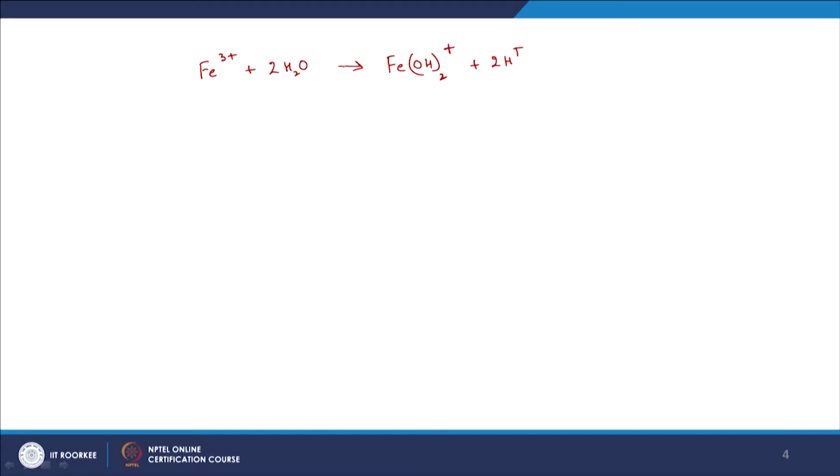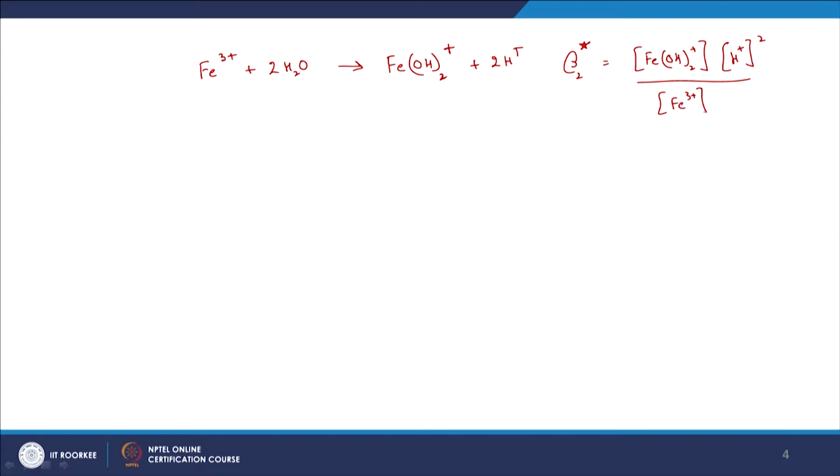So that is balanced out, and we know that the relevant coefficient is given by beta 2 star, which is equal to the concentration of FeOH twice plus times H+ squared divided by the concentration of Fe3+.